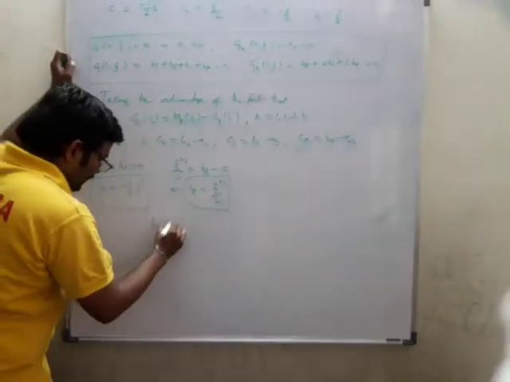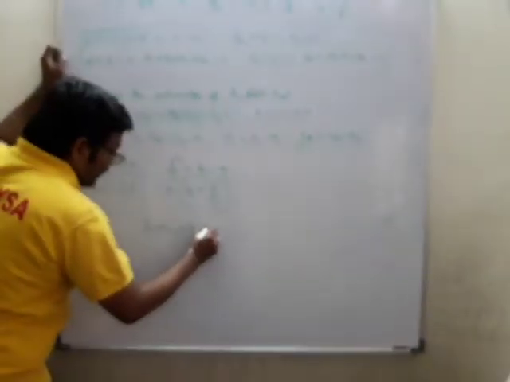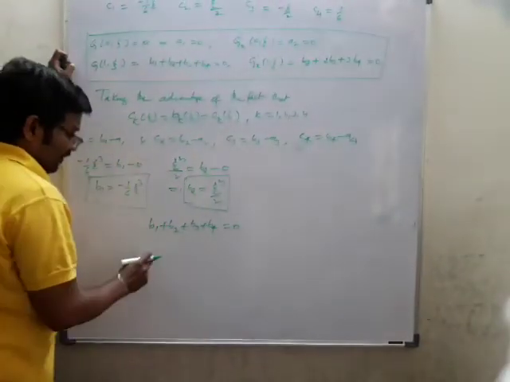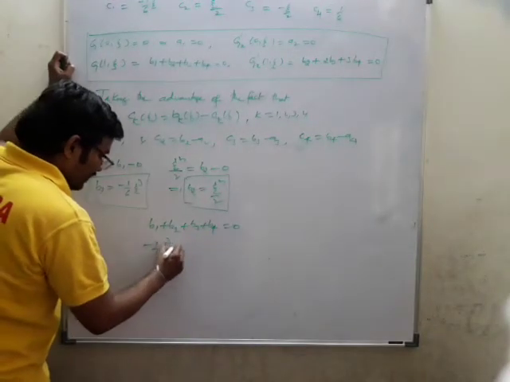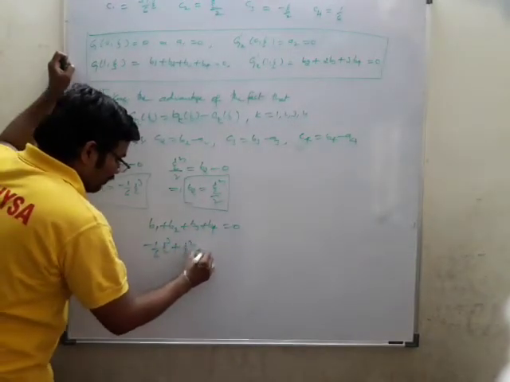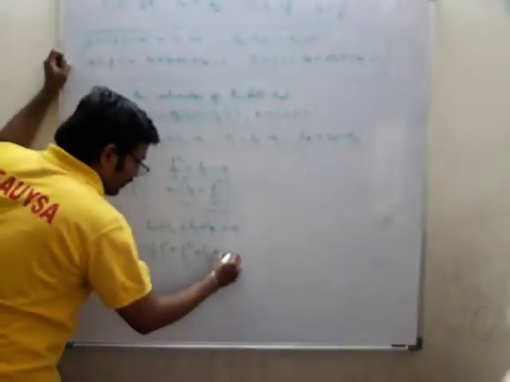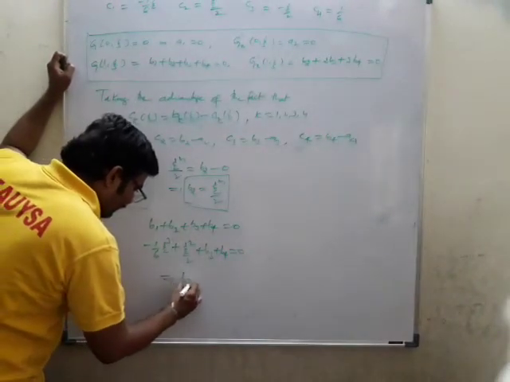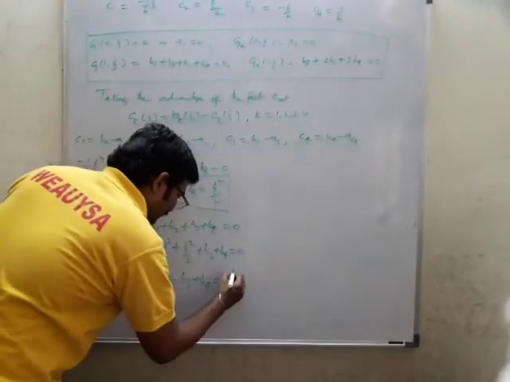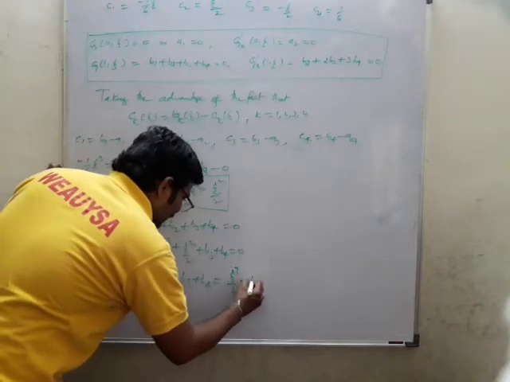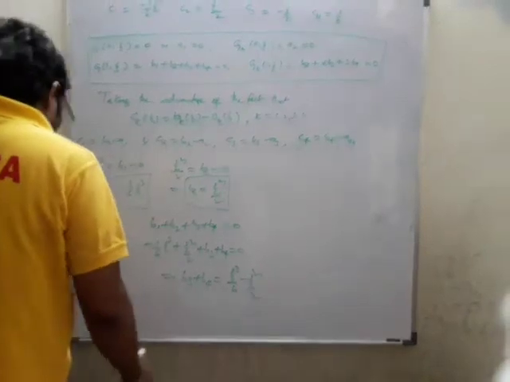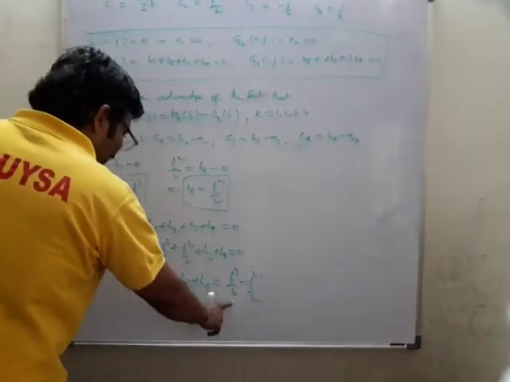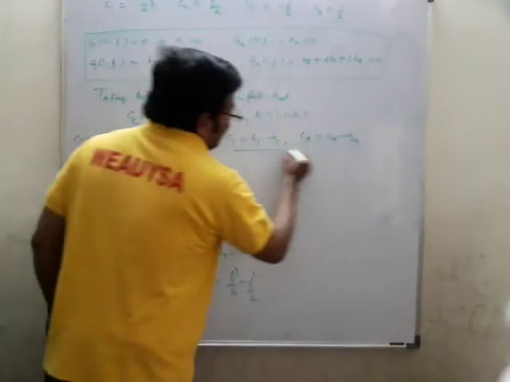So B1 plus B2 plus B3 plus B4 equal to 0, where B1 is minus 1 by 6 xi cube and B2 is plus xi square by 2. So B3 plus B4 equal to xi cube by 6 minus xi square by 2, taking it to that side.